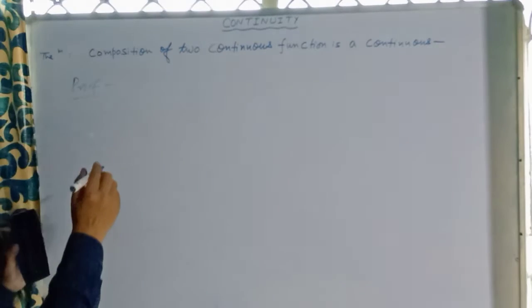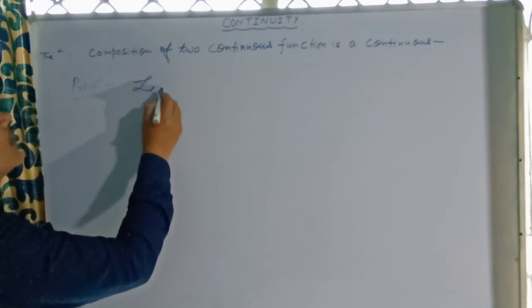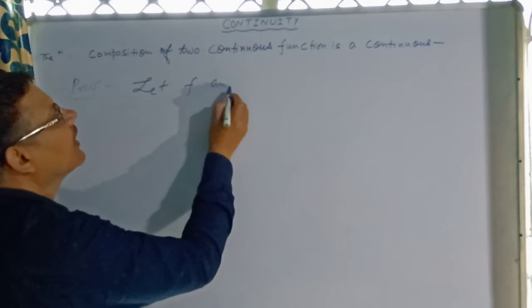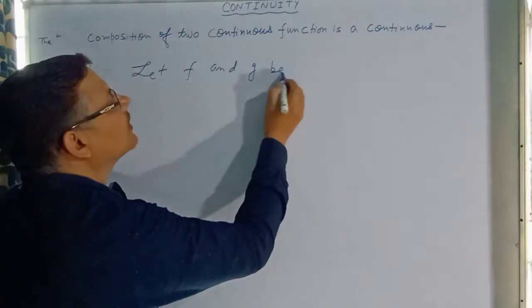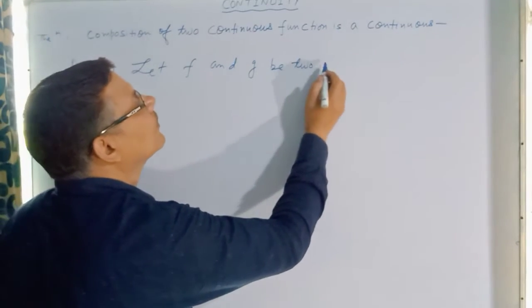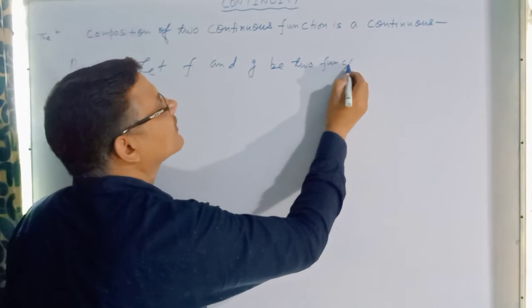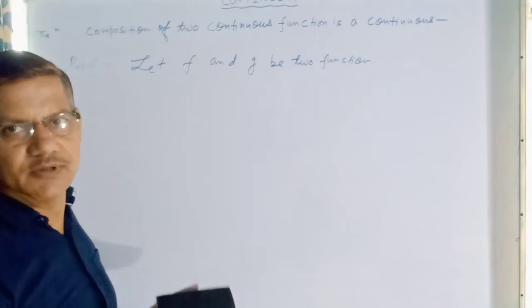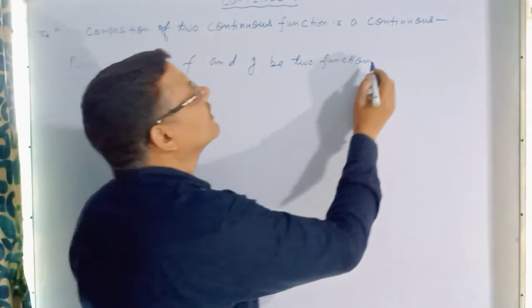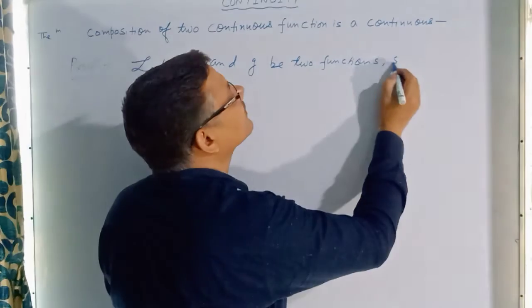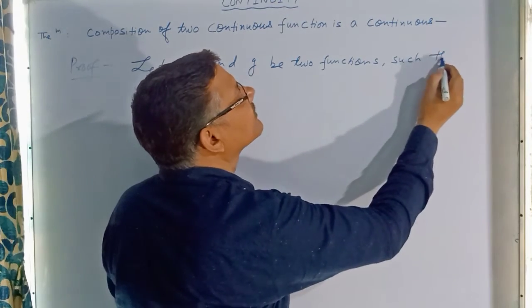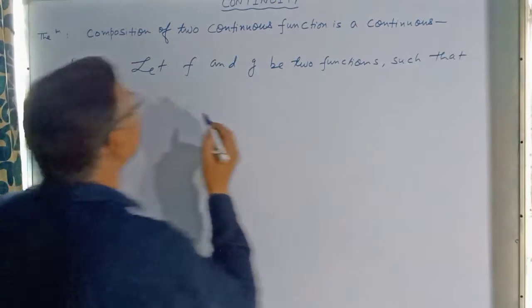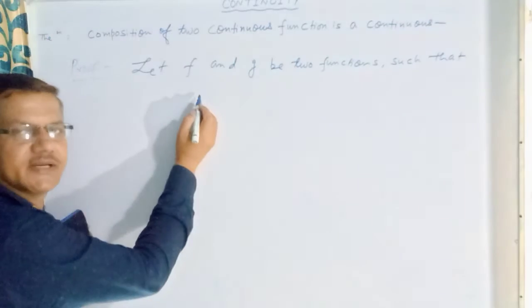In the proof, first we have to fix the functions. So we take, let f and g be two functions. There is a restriction. We are supposed to deal with composition, so we write such that their composition exists. We deal with only one composition.